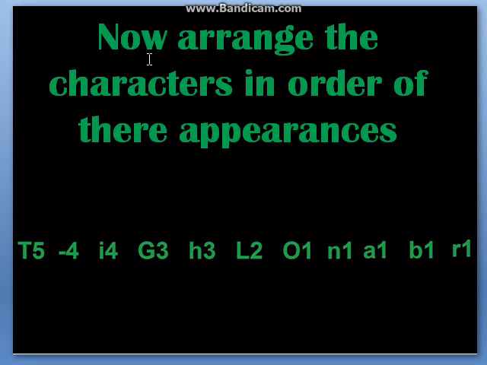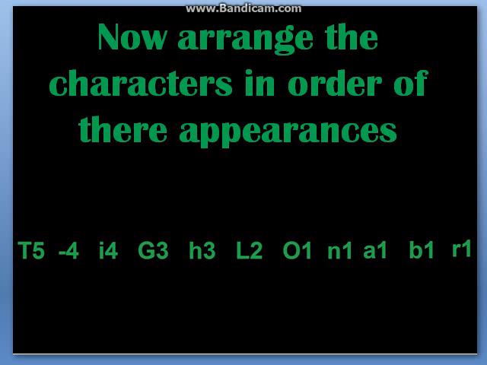Now we'll start arranging these characters in order of their appearances. T appeared the most, so we'll put T on the leftmost side, and after T we'll put dash, I, G, H, L, O, N, A, B and R. We'll put R on the rightmost side.